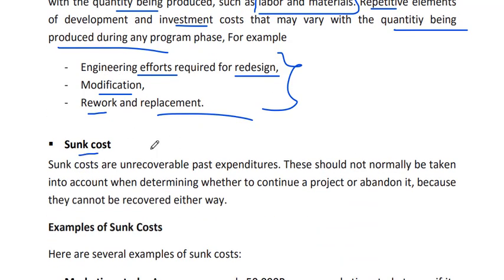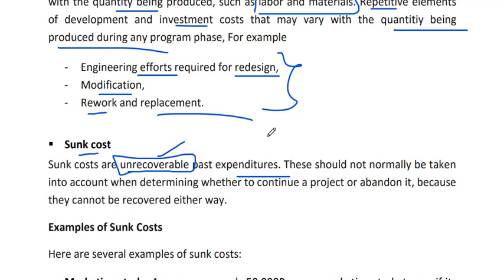Next is sunk cost. Sunk costs are unrecoverable past expenditure. We cannot recover that cost, so it is called sunk cost.